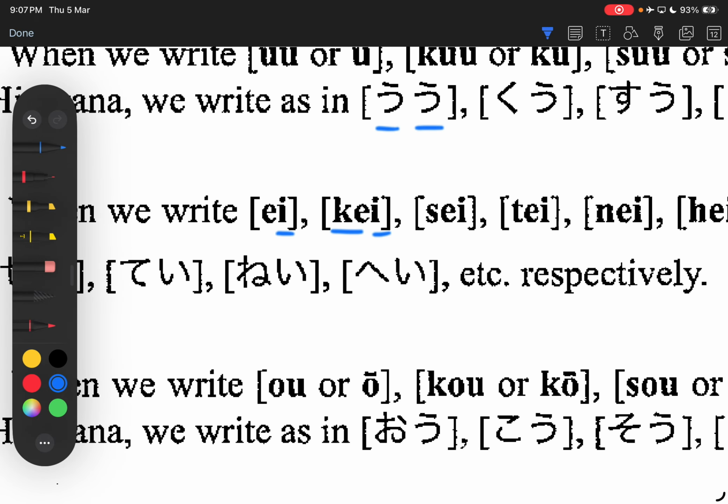Then S-E-I, say. Just by adding the I sound. Sei, say. Tei, tay. Nei, nay.